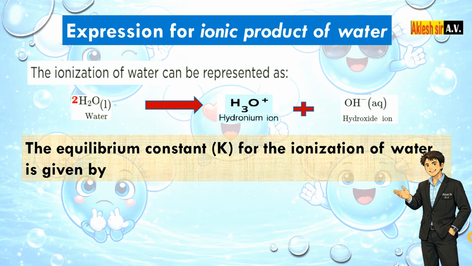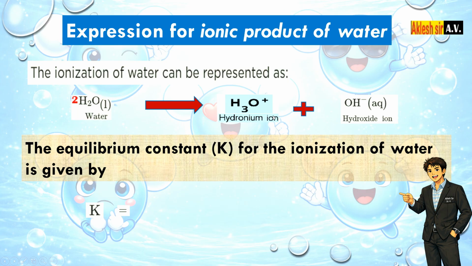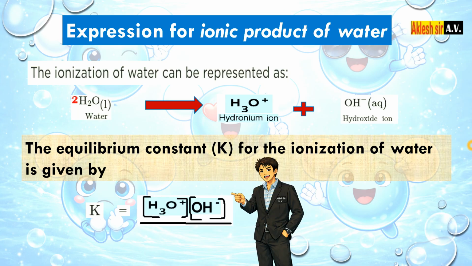The equilibrium constant K for the ionization of water is given by the product of the products: the hydronium ion concentration multiplied by the hydroxide ion concentration, divided by H2O.